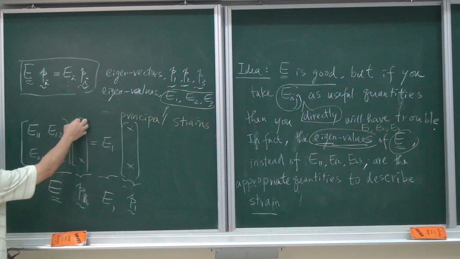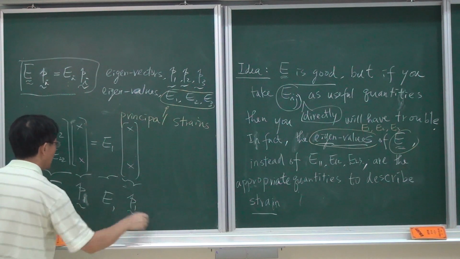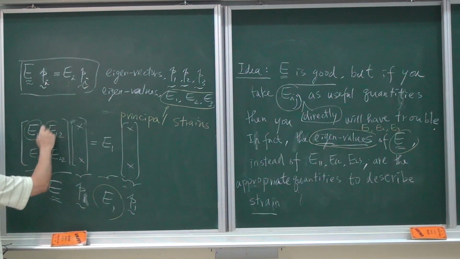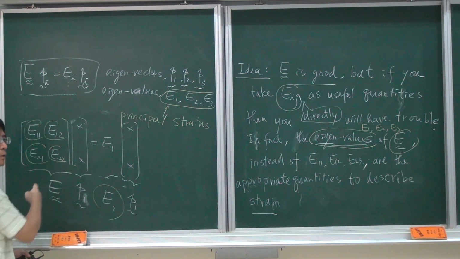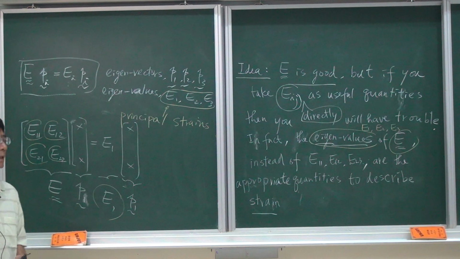You compute its eigenvectors and eigenvalues, and then we get the eigenvalues, and these eigenvalues can be used to represent the strains instead of the components, because if we use these directly, we have trouble. Understand? Or let me say that in Chinese.